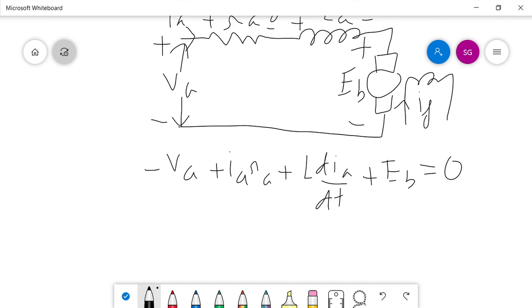So rearranging the equation, it will be VA is equal to IA RA plus L dIA by dt plus EB.